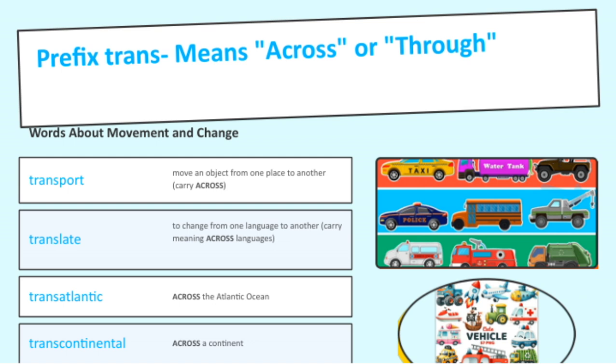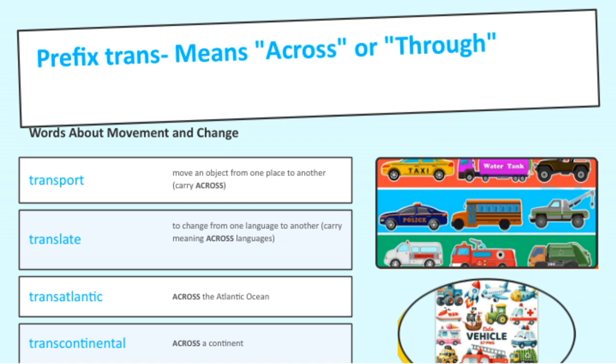Now, to change from one language to another is about carrying meaning across different languages. That's what translate means, taking words from one language and converting them into another so others can understand. And move an object from one place to another involves carrying something across space, which is what transport refers to, like shipping goods across the country or even around the world.